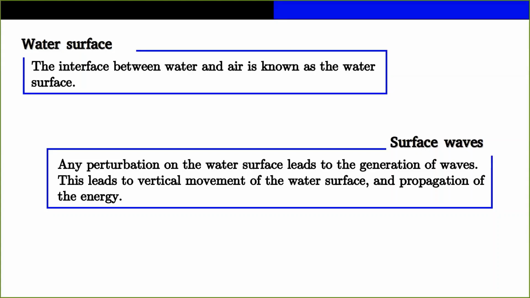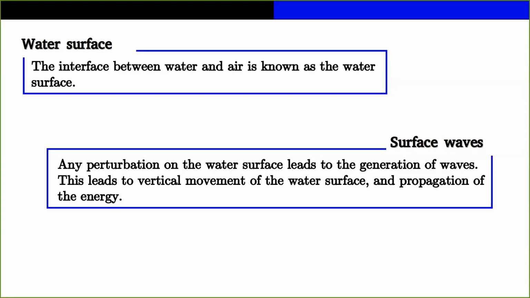These waves are the vertical movement of the water surface that we have already learned about. So when we have the vertical movement of the water surface, we have the water waves, the gravity waves, and waves are propagating. They're transporting energy, and energy is being carried by them. So that's what the surface wave is.